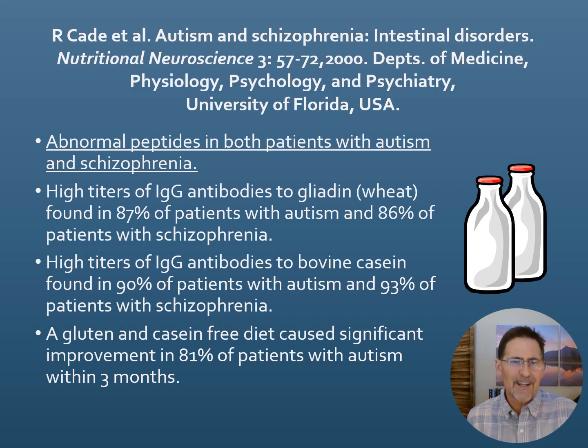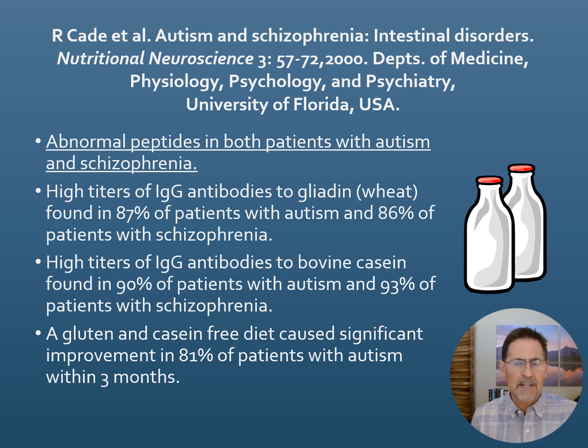And one of the things that was discussed, and I'm going to discuss it briefly here, was this concept of IgG reactivity to wheat and dairy seen in autism, but also schizophrenia. Now, I'm not showing any information or research on cerebellar peptide reactivity in schizophrenia. I don't have any evidence of that.